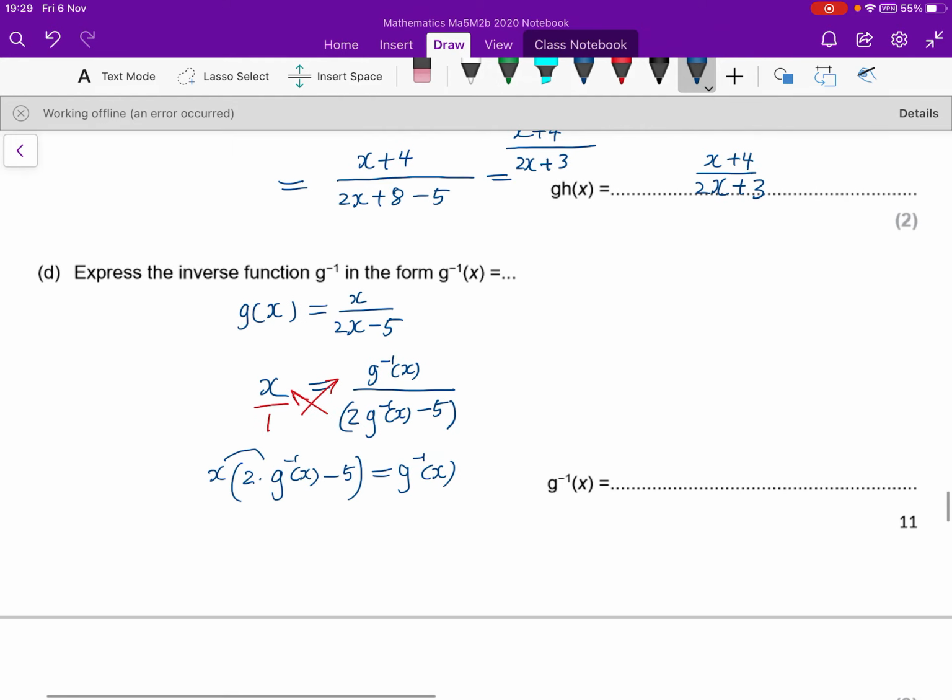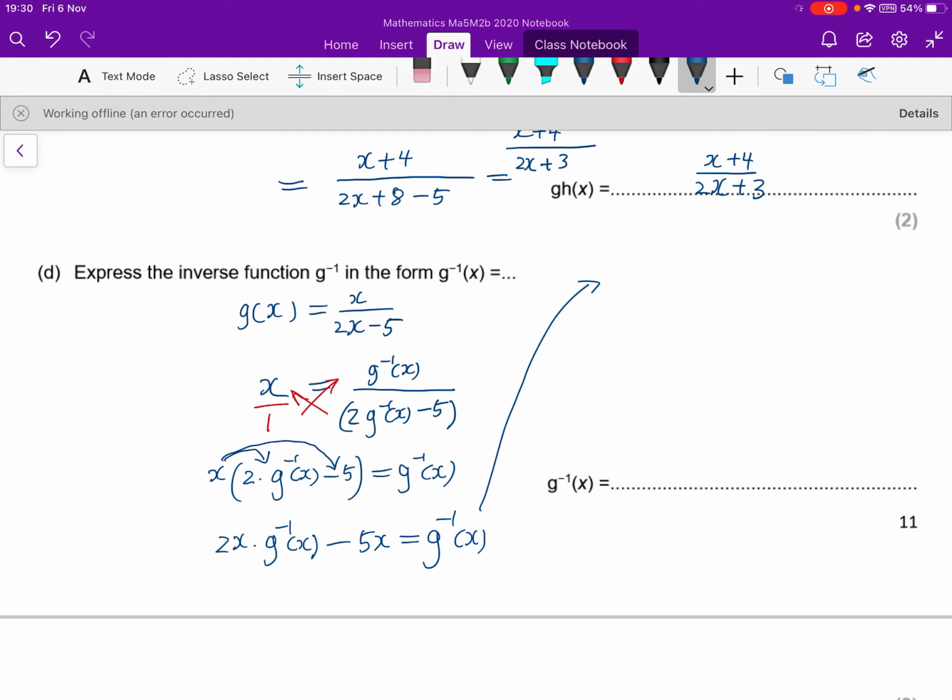So you multiply x into the bracket, I have 2x times g inverse of x, multiply x to negative 5, I got minus 5x. That's equals to g inverse of x on the right hand side. So I'm going to write this again so you can see it. 2x g inverse of x minus 5x is equals to g inverse of x.